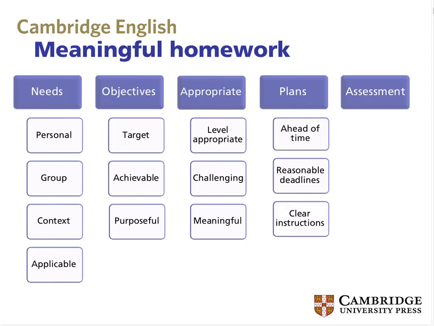Otherwise, if instructions are not clear, students leave the room without really knowing exactly what they have to do, and then they just go back home and do the homework because it's just one other assignment, and they may not consider it relevant. They would say, "Oh, I didn't really get what the teacher was trying to get across." And they will show up in class with that old excuse that perhaps some of us used in the past at one stage of our lives: "Oh, I didn't do it because I didn't understand what I had to do."